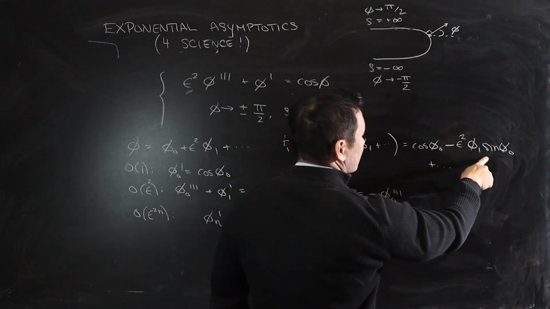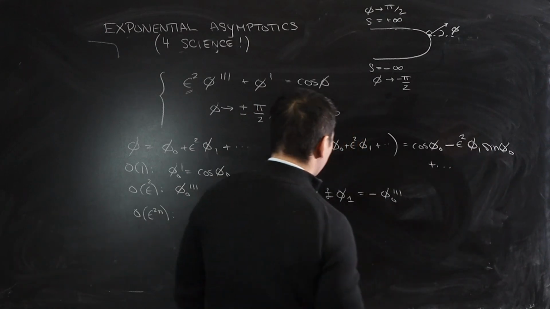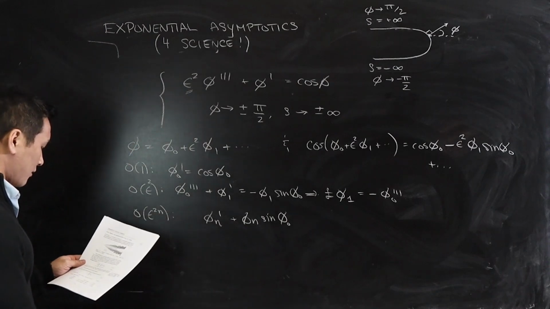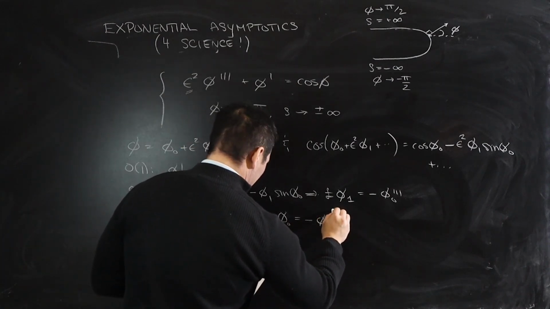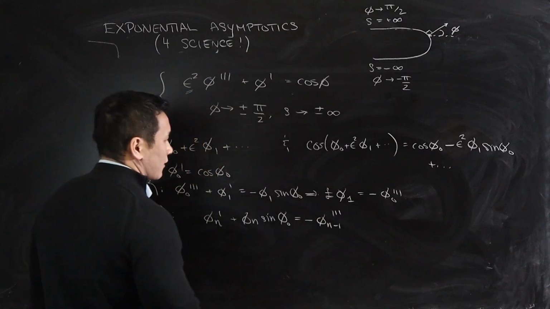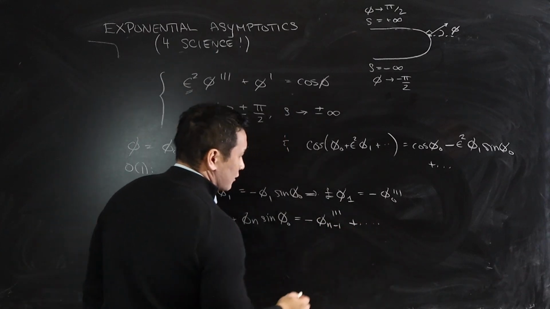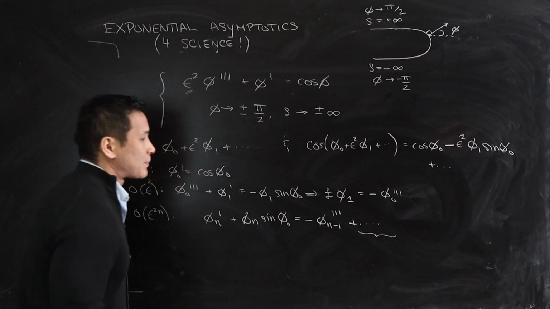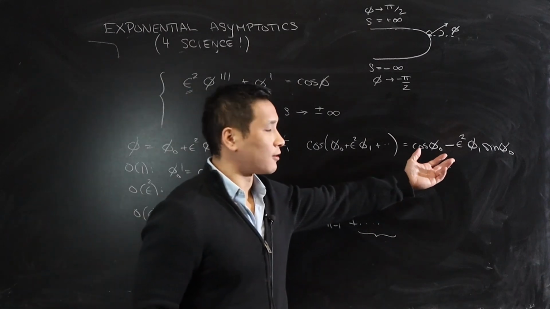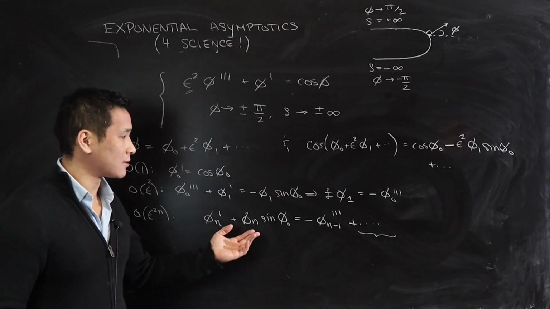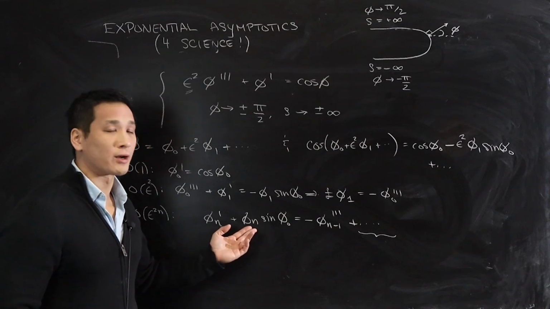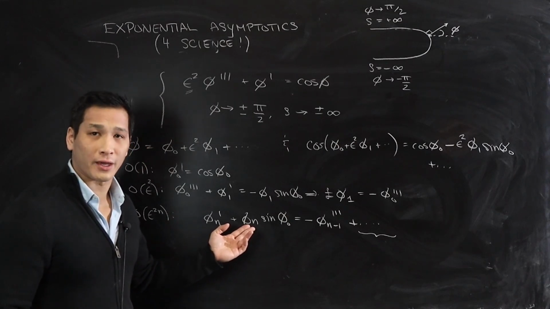This will be a phi n times sine of phi naught for the epsilon to 2n. I'm going to have the triple derivative of phi n minus 1, and then I'll have all the other stuff. So all this other stuff here was from the expansion of the cosine function. We only had to keep, in this case, the one of the terms that was proportional to phi n.